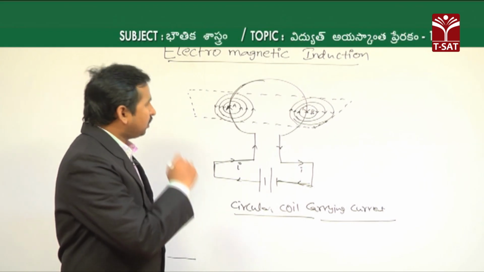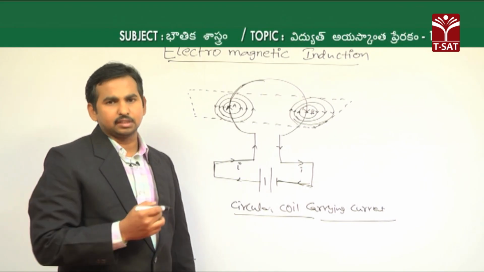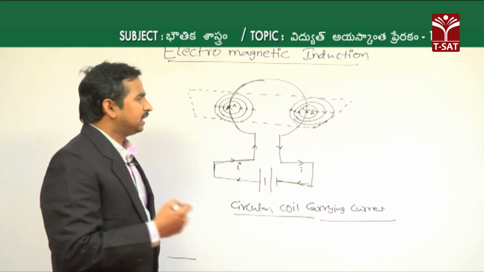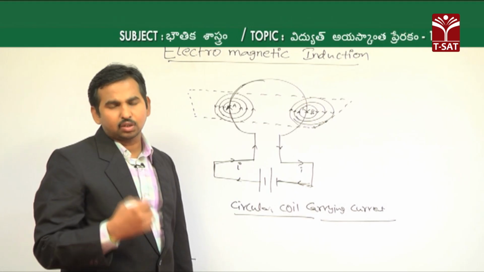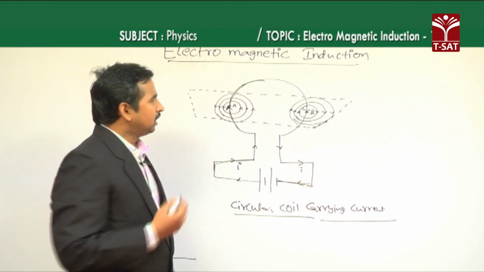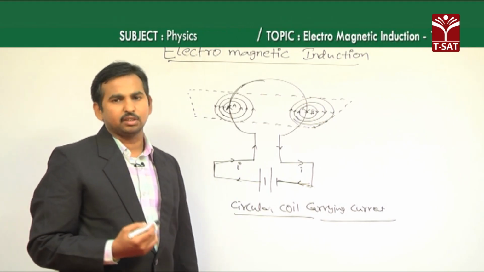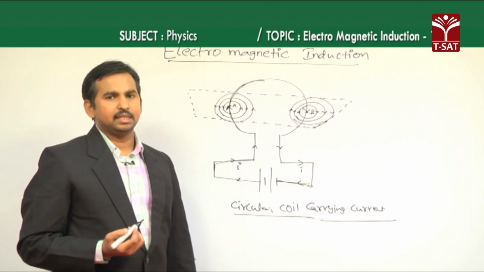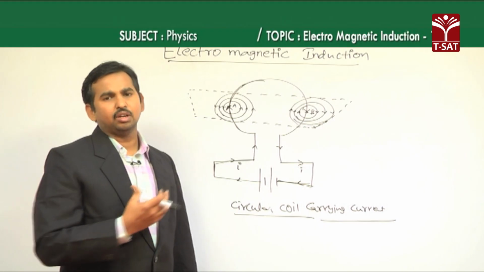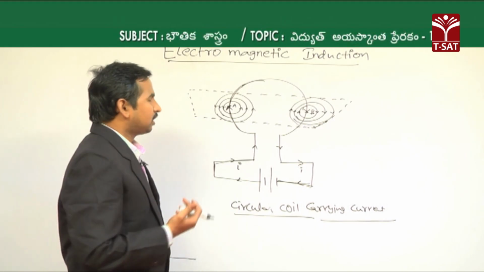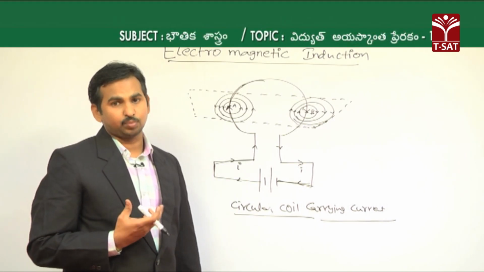If you increase the number of turns of the circular coil, the number of magnetic lines of force around it also gradually increases. In a circular coil we have two different magnetic fields in different directions.